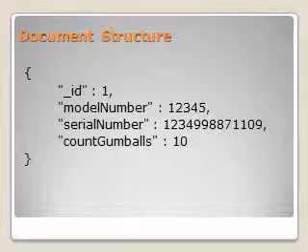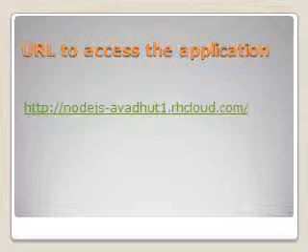And again, the important point to note is that the state will change. We are not maintaining state in the database, so the state will shift from the client to the server. So there is no state stored in the document.